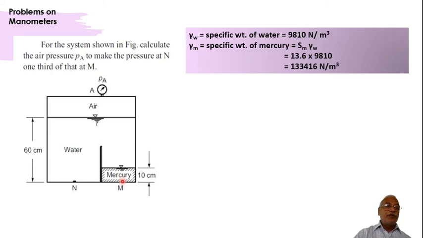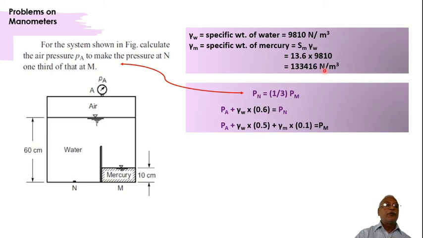We have two liquids, gamma of water and gamma of mercury. I know gamma of water, gamma of mercury is calculated. You know how to do that now. Because there is a statement that pressure at N is equal to one-third of the pressure at M, I'll write Pn is equal to 1/3 of Pm. It's given. Now the point is how to write for Pn. I can go from here to there or there to here.